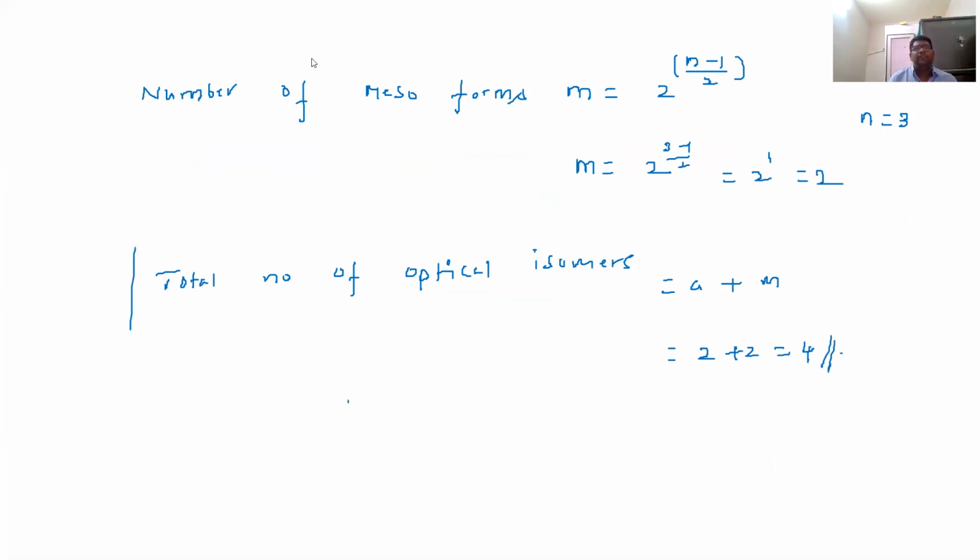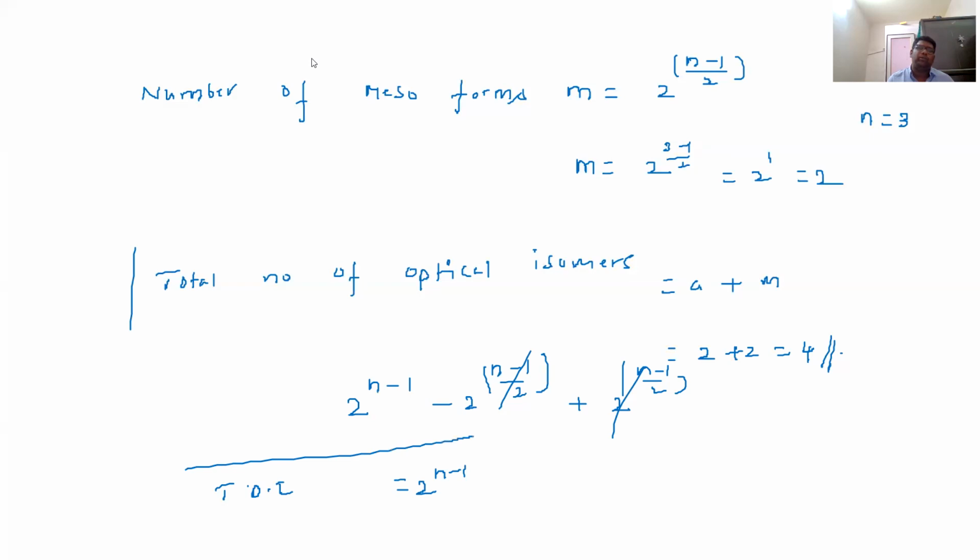What is the formula? 2 power (n minus 1) minus 2 power ((n minus 1) by 2) plus 2 power ((n minus 1) by 2). So these can get cancelled, that is equal to 2 power (n minus 1). So this is the formula for the total number of optical isomers: 2 power (n minus 1).